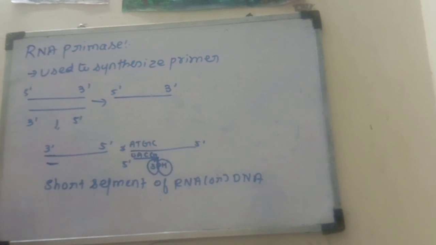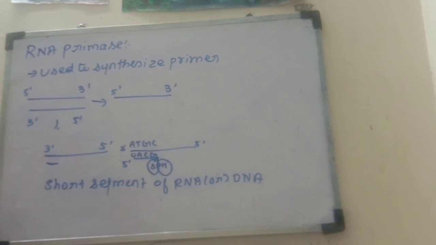Then coming to DNA polymerase, in prokaryotes there are DNA polymerase 1 and DNA polymerase 3, but DNA polymerase 3 is the main one. In eukaryotes there are alpha, beta, gamma, delta, epsilon, so there are 5 types of DNA polymerases.